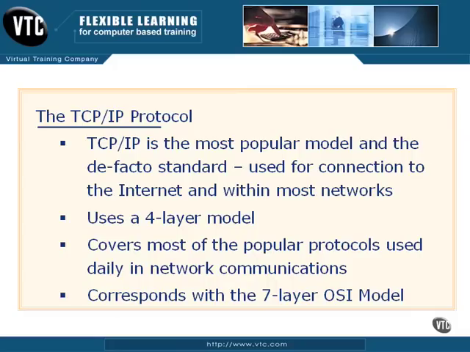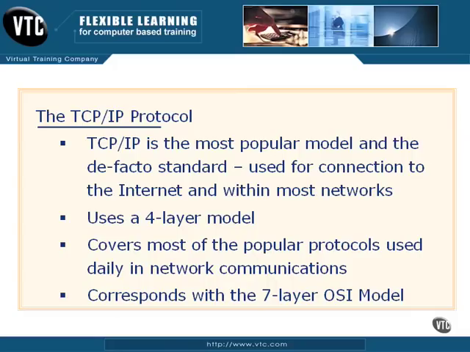Now, as you may remember, when we talked about the OSI model, it was a 7-layer model. And the OSI model is different from the TCP/IP protocol. Let's get that straight. The OSI model basically tells you how all protocols should work together within a network, how things ought to work. It's just a model, a concept. The TCP/IP protocol, on the other hand, can be viewed as a model as well, but it's an actual in-use protocol stack.